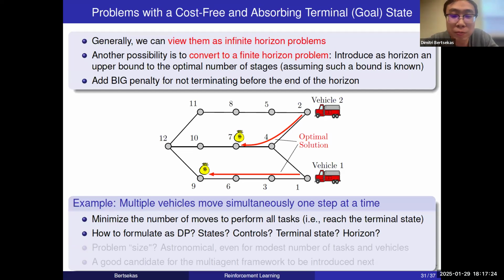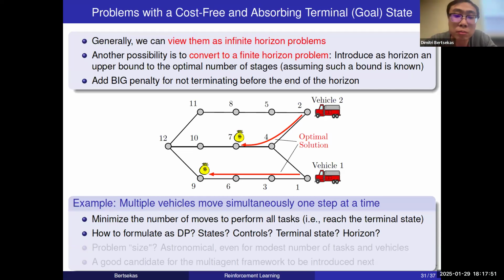So for example, suppose that vehicle 1 and vehicle 2 are at the current position, like what is shown in this figure, compared with vehicle 1 and vehicle 2 at the current position, but at node 7 there is no dollar left anymore. Of course, that would be different, right?